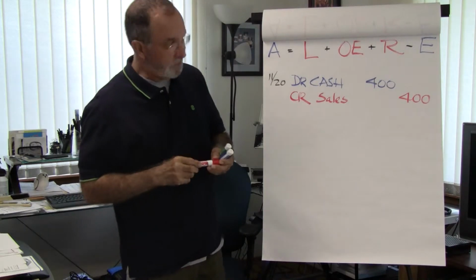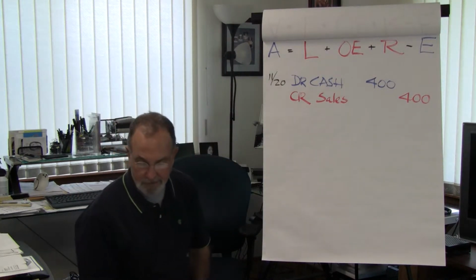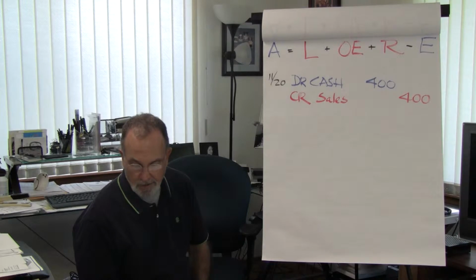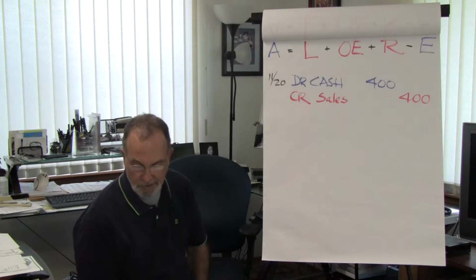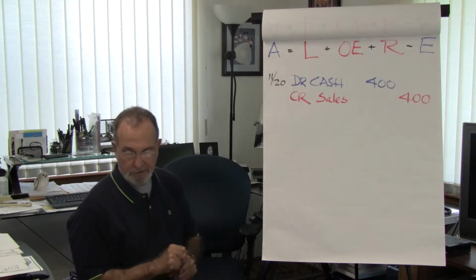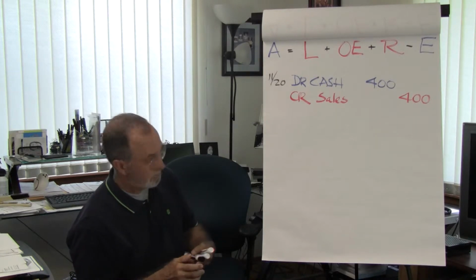Now for merchandising, and this company uses the perpetual inventory system. We need to record the cost of sale for each sale made. And so the information in the transaction gives it to us. The cost of this sale was $300.